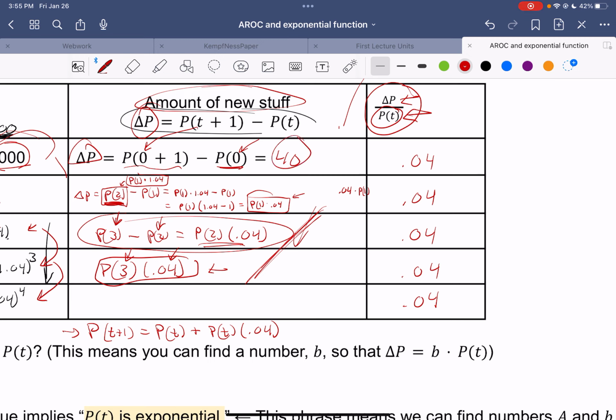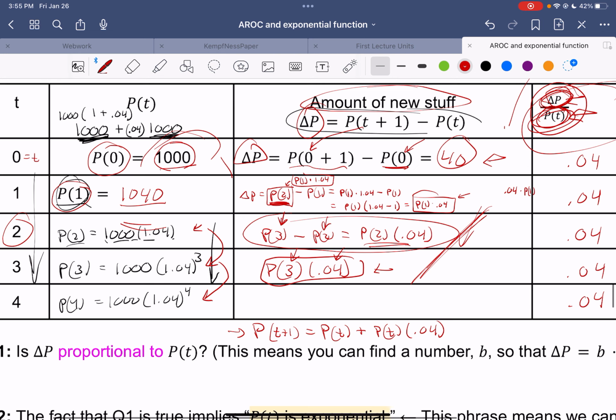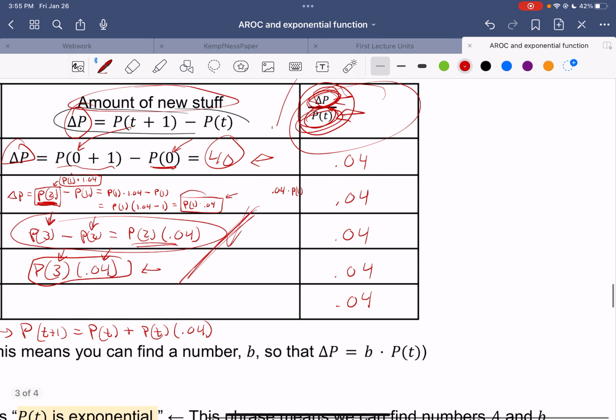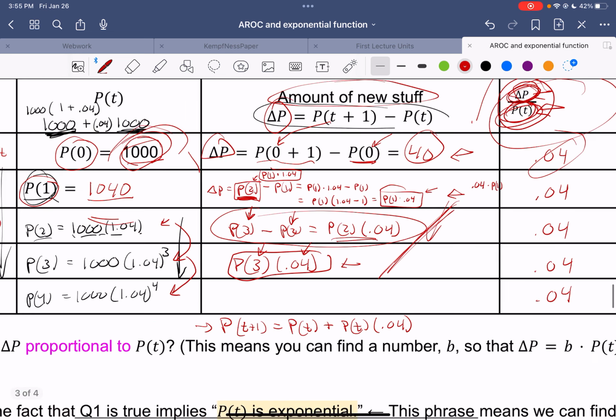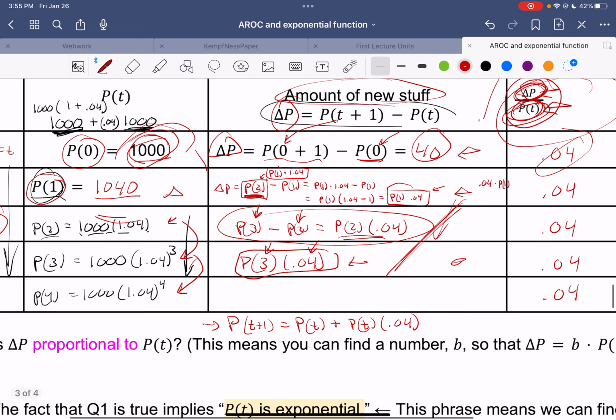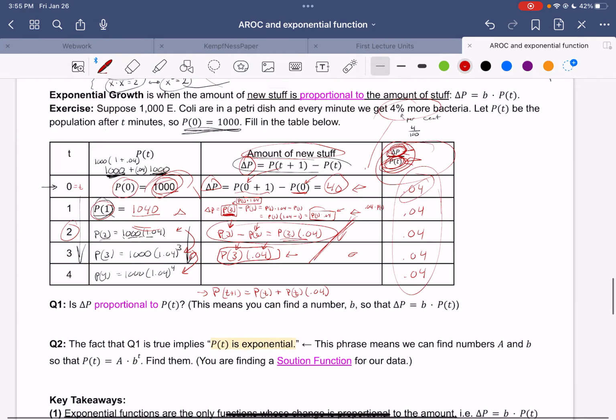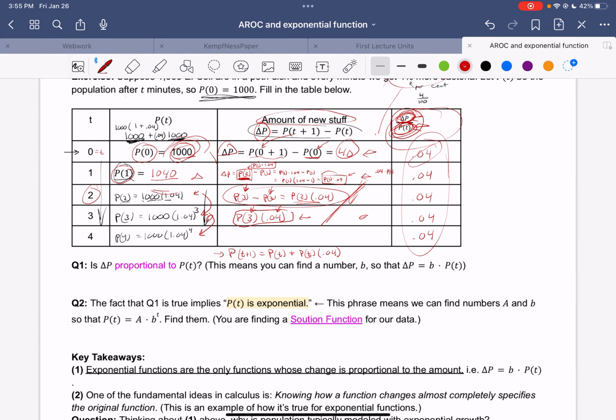So now what this column is telling you to do is take your delta P, that's this number, and divide it by your P at that time. So I divided by 1,000. 40 divided by 1,000, here we go, right? And if you always took the number in this box divided by the number in this box, you'll always get this number here, okay? And that is because delta P is proportional to P of T. It's because delta P, the new growth in population, is 4% of the current population, okay?